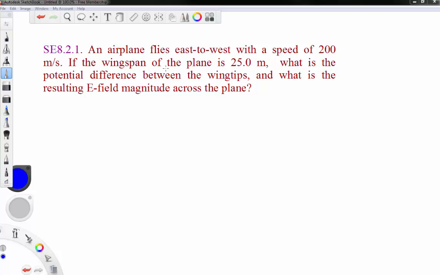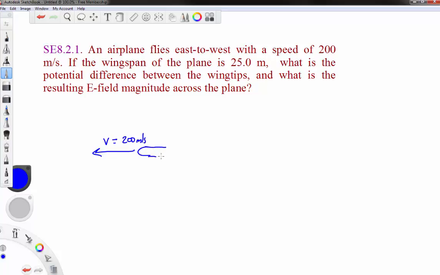Now, before answering this, it's worth drawing a diagram here. So if the plane is flying from east to west, then the plane is basically oriented like this, and that is from west to east. The plane is actually oriented like this, and it is moving in this direction with a speed of 200 meters per second.